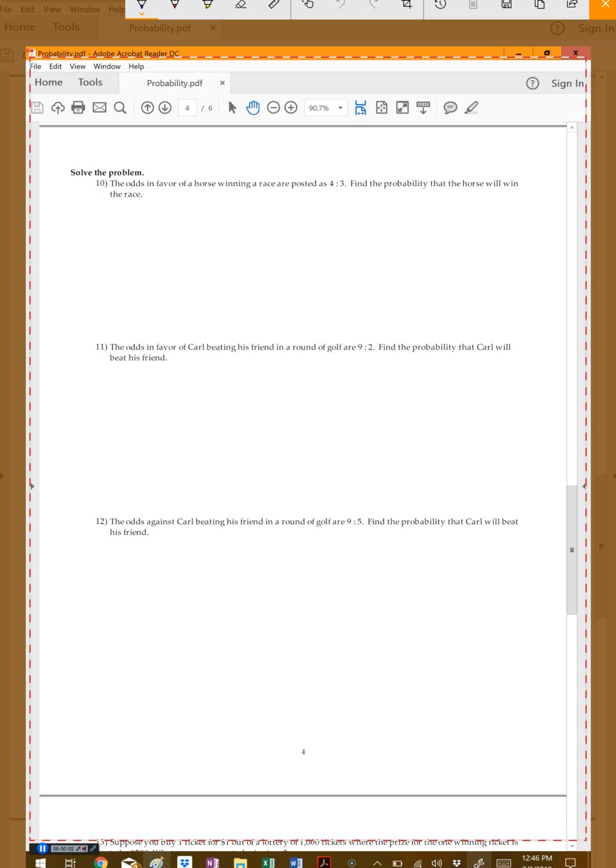So if we have odds in favor of 4-3, that means there is some fraction, 4 over something, over 3 over something, that comes out to this 4-3 that we have here. But what should those denominators be? We know they have to be the same thing, and we know they have to be the total number of occurrences that happen.